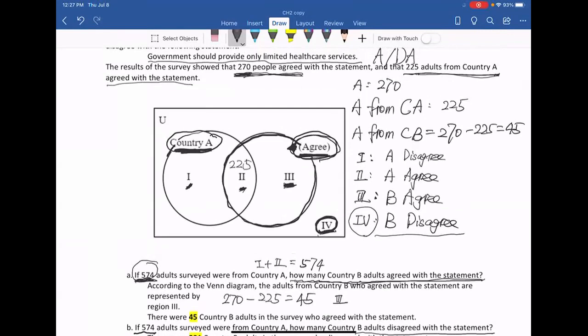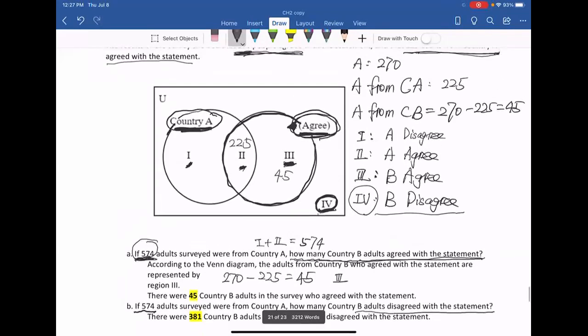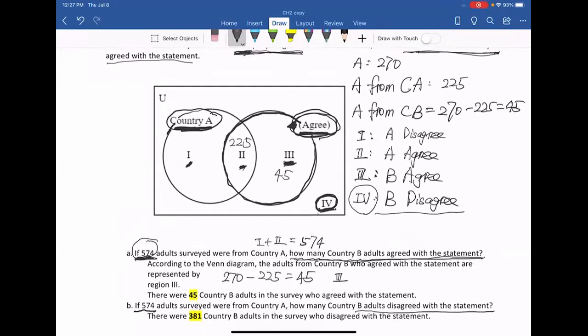And the people in country B who agreed is 45. And in total, people from country A is 574. That means region 1 plus region 2 equals 574. I can use 574 minus 225.